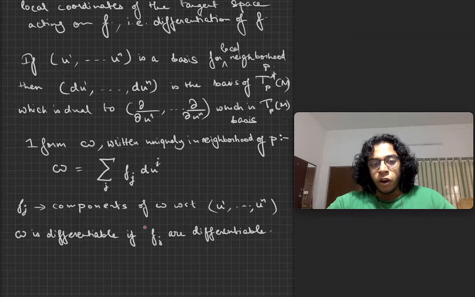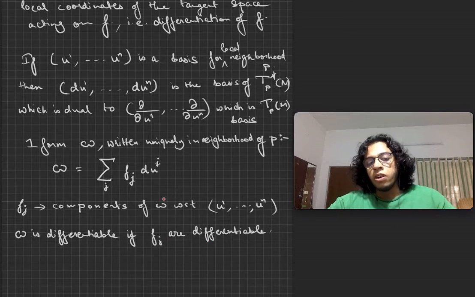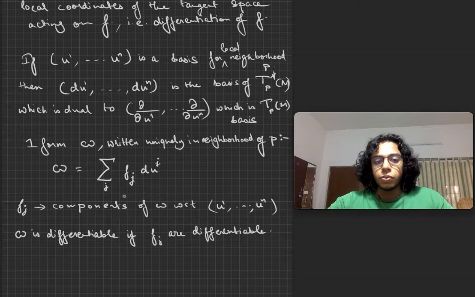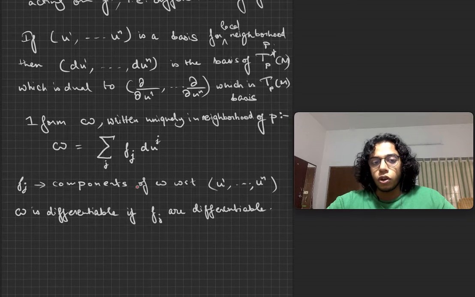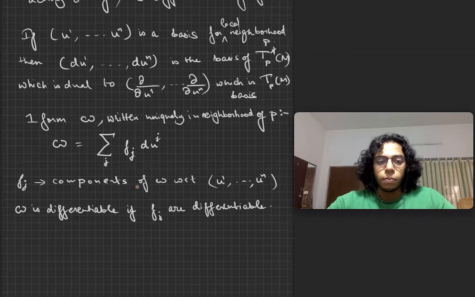If fj is not differentiable, then omega obviously is not differentiable, because whenever you try to operate on omega with a differential operator, you need to differentiate f as well. If you can't differentiate f, you can't differentiate omega.